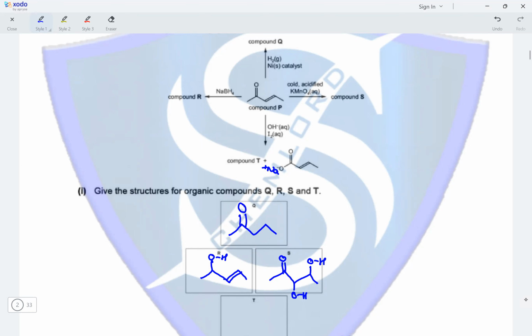So this would be written as 3 iodine attached to a carbon, and the hydrogen will not be shown because this is the skeletal formula. So this is CHI3, which is triiodomethane or iodoform. So these are the four products formed on different reactions of compound P.